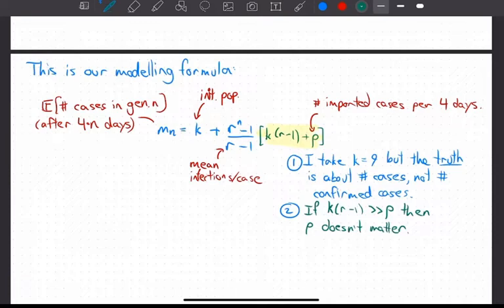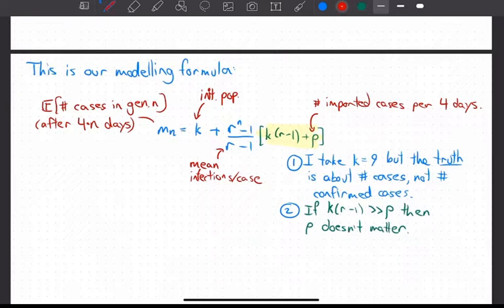So if your estimate of the current number of cases tells you that this number is much bigger than this number, then all of your efforts, or almost all of your efforts, should really be focused at that point on reducing R, on dealing with the cases, on the community transmission rather than on the arrivals from elsewhere.